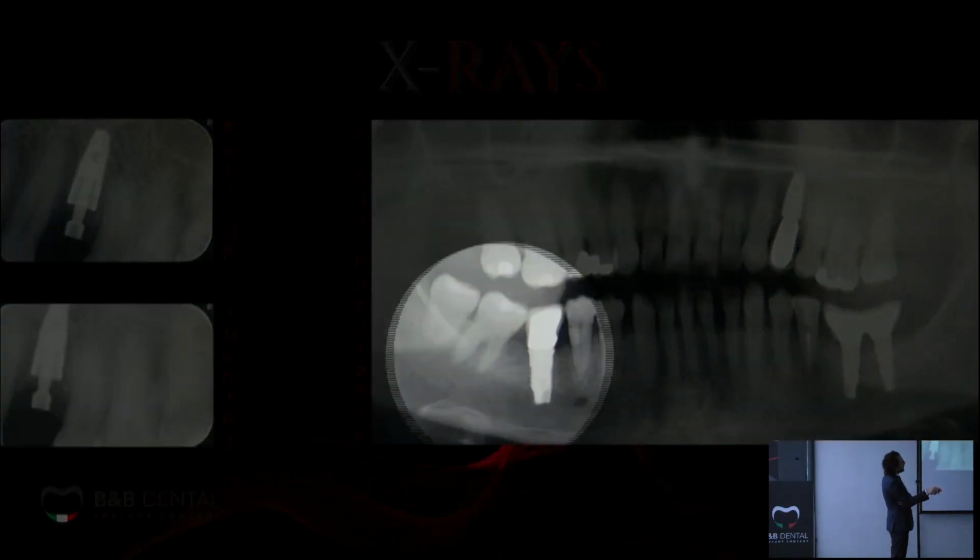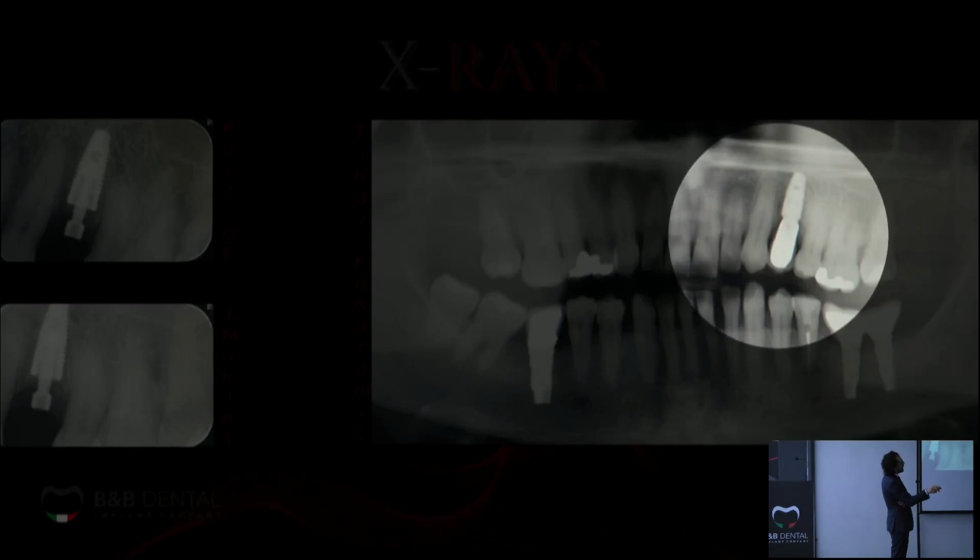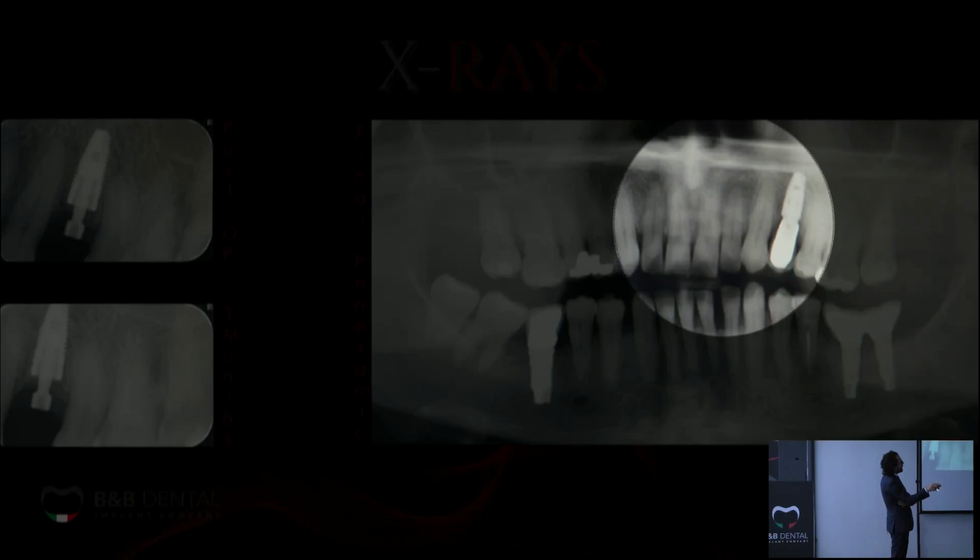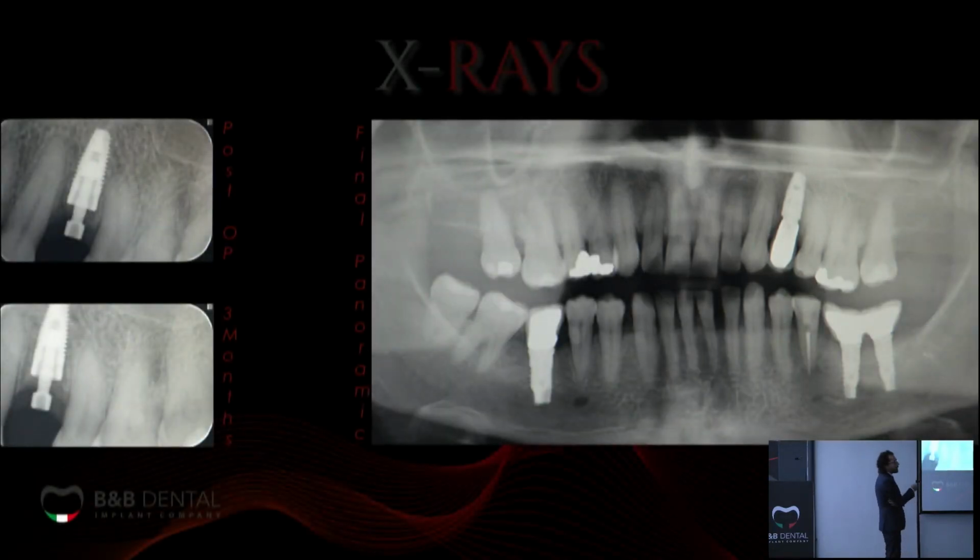And this one is the panoramic 6 months after the delivery, where we can see that the bone peaks are still there because the conometry is, to me, the best connection we can have on an implant.